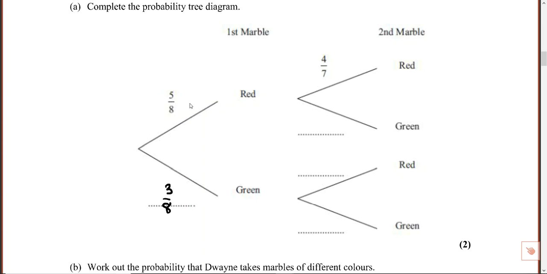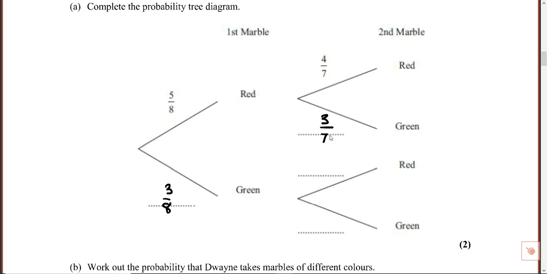In this case, it's even more relevant because the 7 represents, well, if a red one got taken out, we've now only got 7 marbles. All right? There were 5 red, and this option is a red one was taken, so now there are only 4 reds. Whereas there are now still 3 greens, but there's only 7 in total.